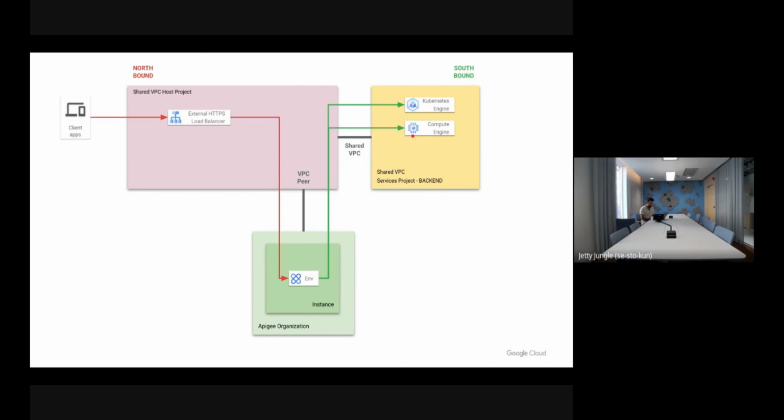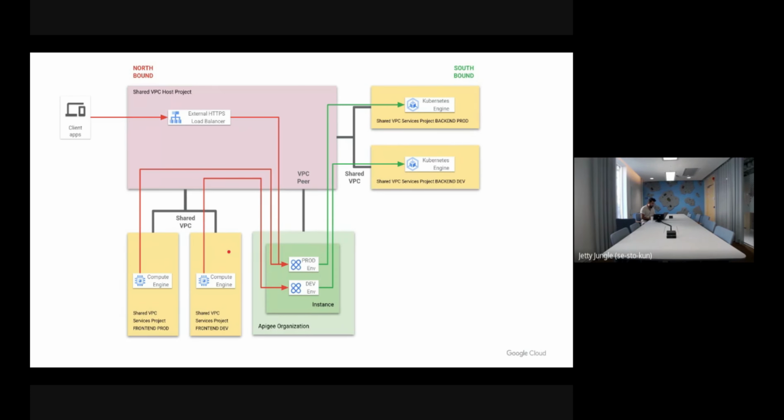And then the shared VPC is connected to the host project, so it inherits the functionality from here. In this way, the service project would be able to get connected because it's using the shared VPC model.